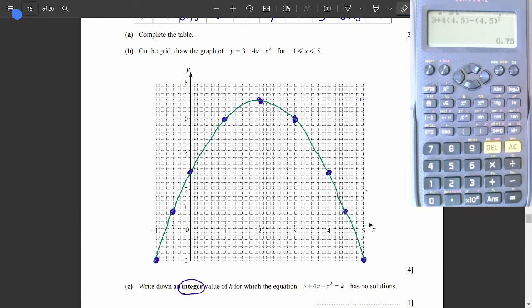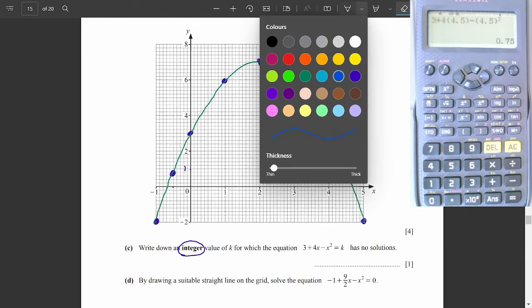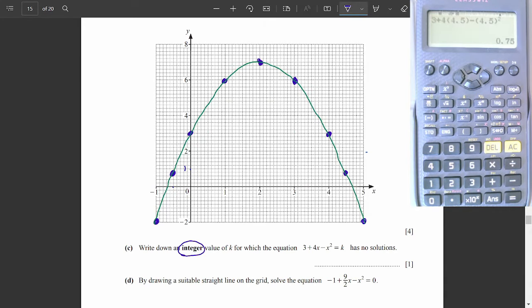For example, if I were to draw a line here through y equals 8, which I've changed the y to an 8 now, I will have no solution since we're not crossing the curve anywhere. And that's it. So my answer to this question is anything above y equals 7. So 8 is a good answer.